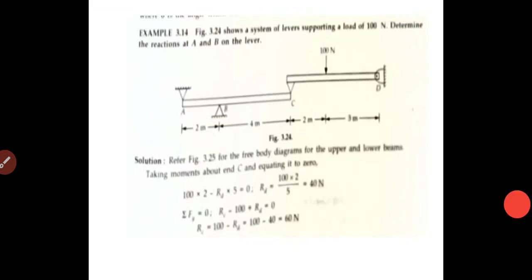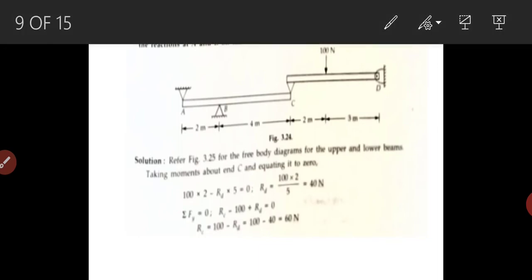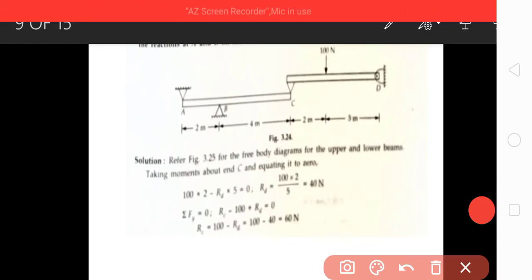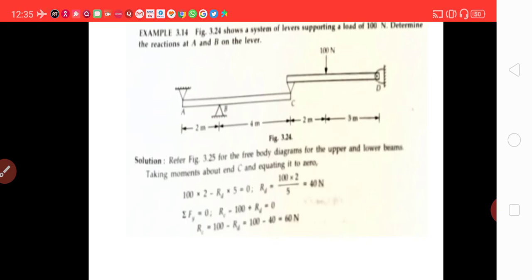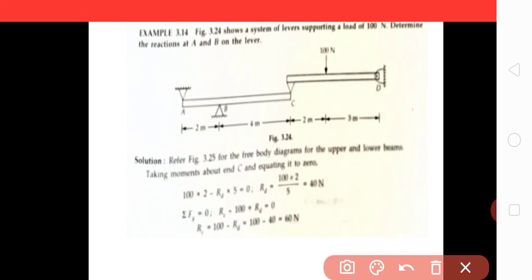Now next problem 3.14. Here there are two levers, of the seesaw type. Refer to this figure 3.2, which shows a system of levers supporting a load of 100 Newton. Determine the reactions at A and B. We have to show the reactions here and here.